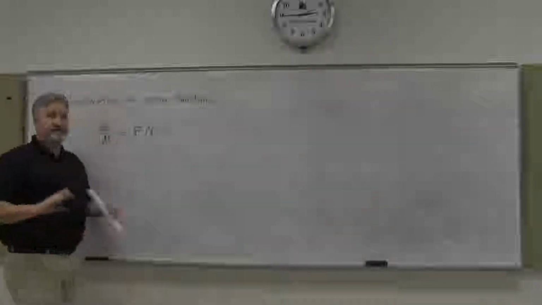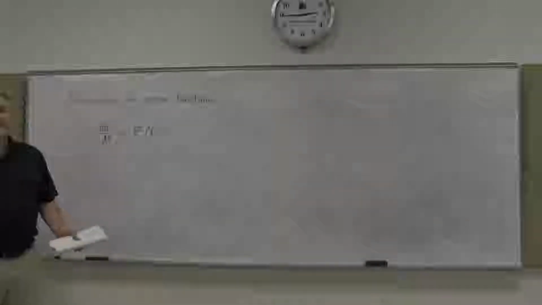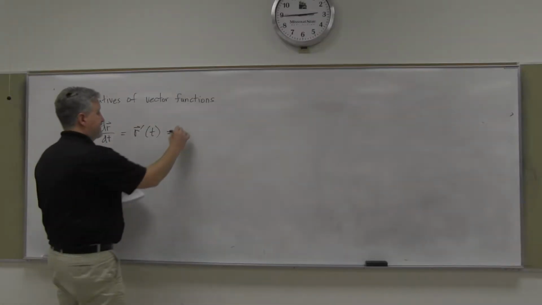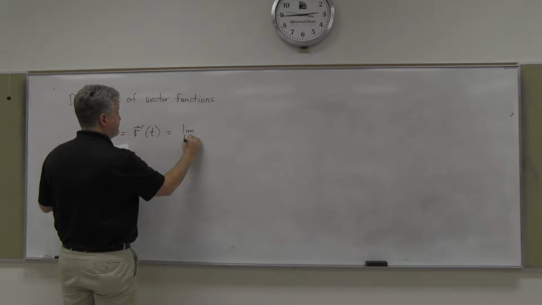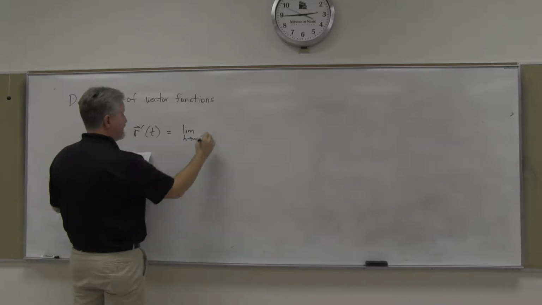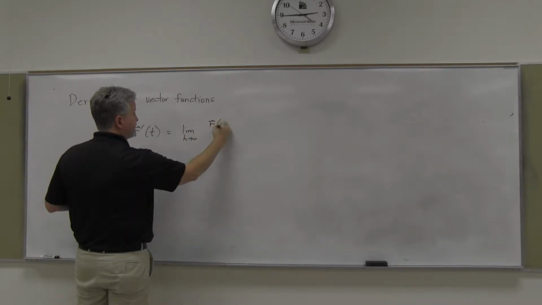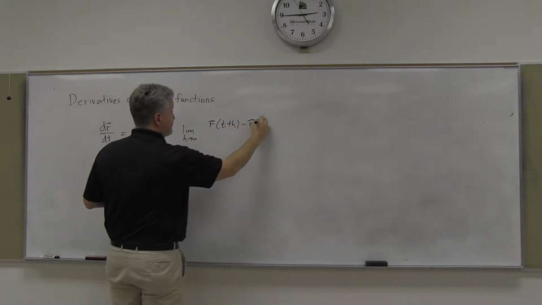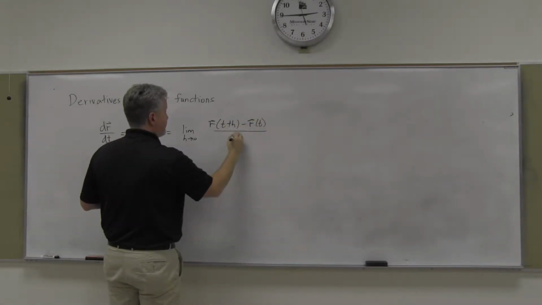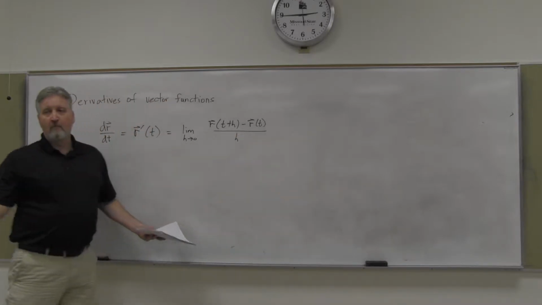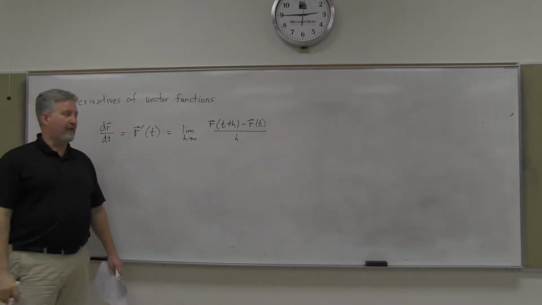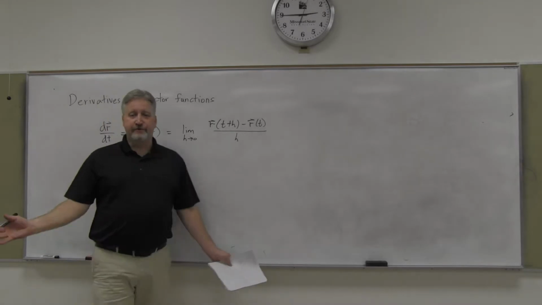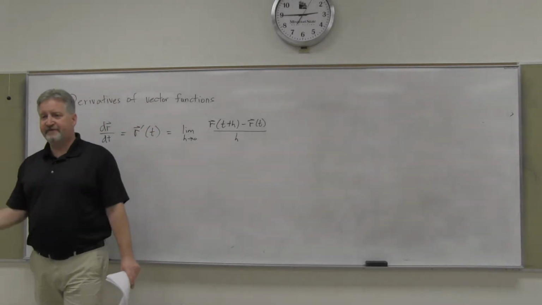Like I said, we can even take this back to the definition, and it'd be the limit as h approaches 0 of r(t + h) minus r(t), divided by h. Remember that? Way back. Very same definition.